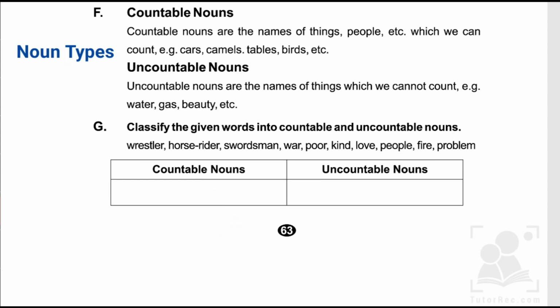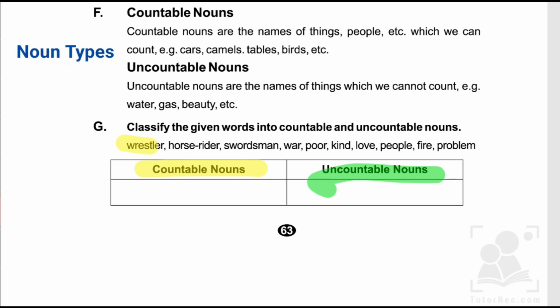So what I'm going to do is highlight countable nouns with yellow and uncountable nouns with green. So let's start. The first is wrestler. Yes, we can count the wrestler. How many wrestlers are in the ring? 4, 5, 3, 2. So wrestler is a countable noun. So we need to highlight it with the color yellow.